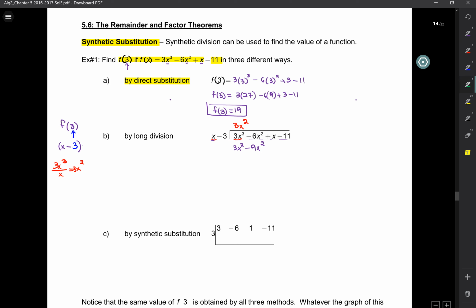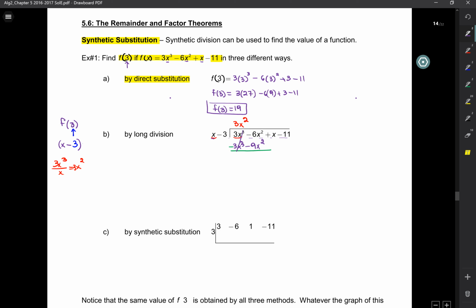Now I'm going to subtract. 3x cubed minus 3x cubed goes away. Negative 6x squared minus negative 9x squared, so that's going to be 3x squared. I bring down the x.